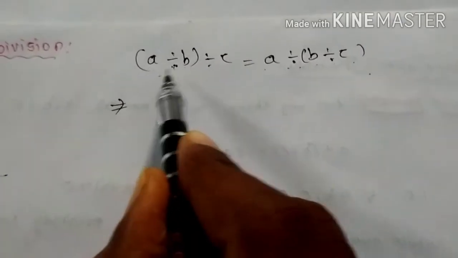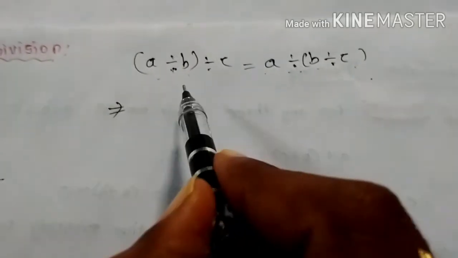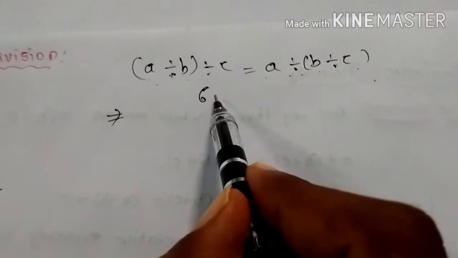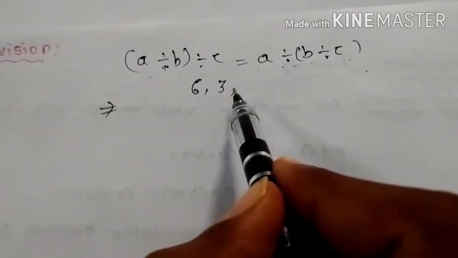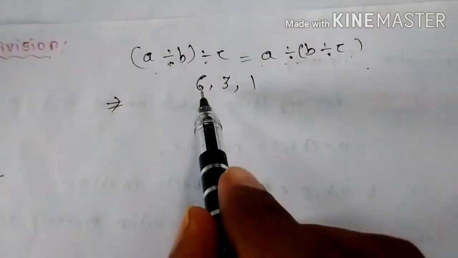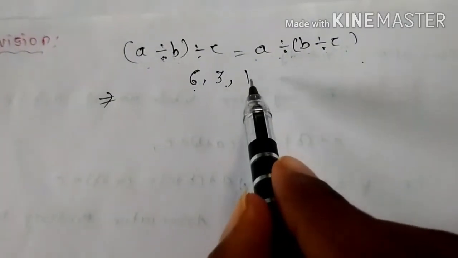Next, for example, which numbers can I take here? One example I have taken is 6, 3, and 1. I have taken three numbers: one number has 6, one has 3, one has 1.